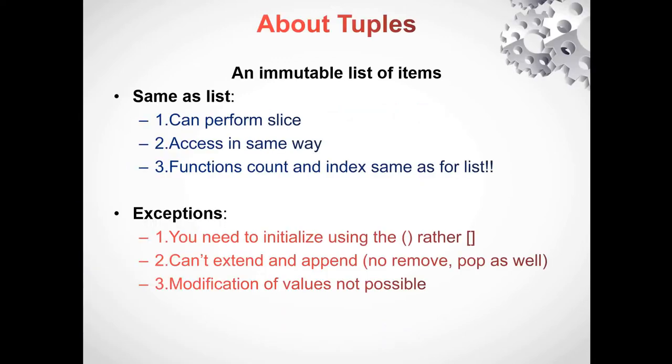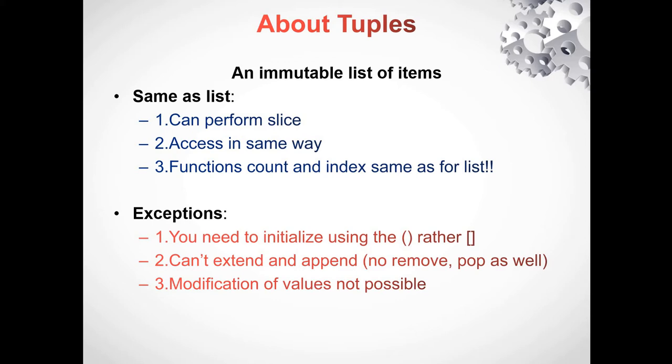So what are tuples? Tuples are the same as lists, but they are immutable lists of items. In case of a list, you can modify the value of an item at a particular index, and you can extend your list or append a new item at the end of the list, right? But with tuples you cannot do this. So what are the similarities with lists? What are the operations which are the same as for lists?